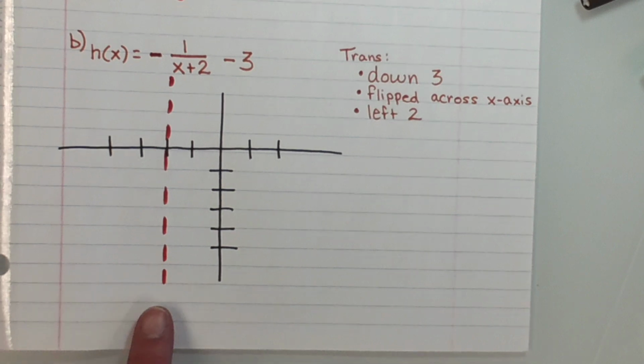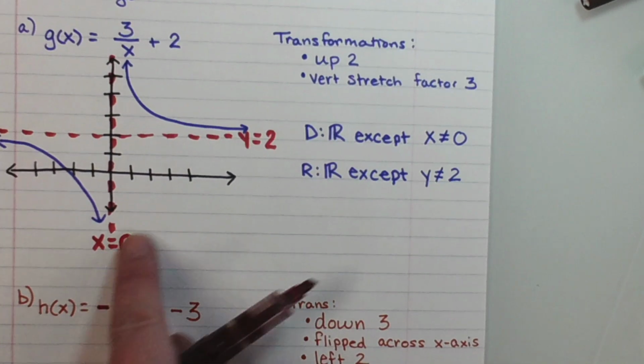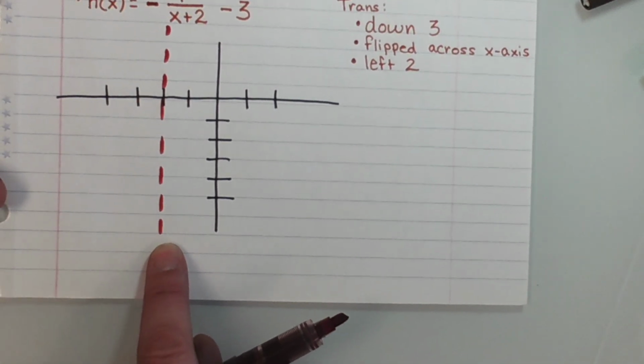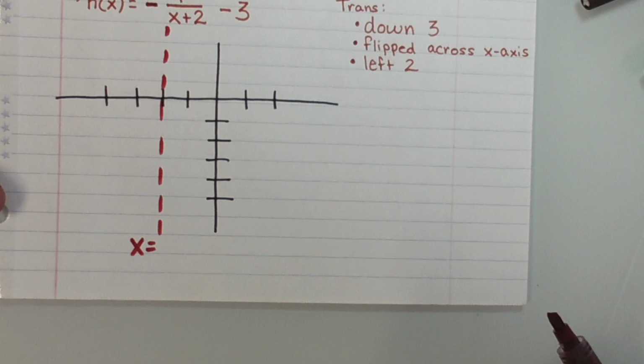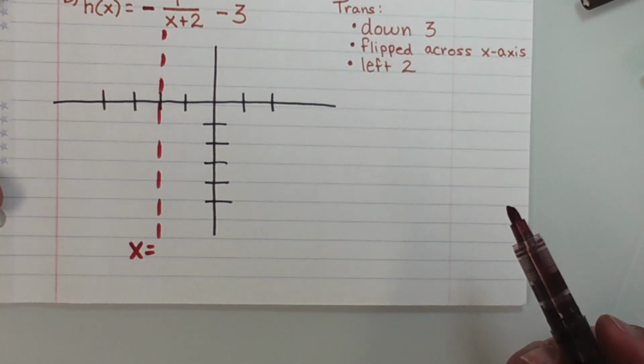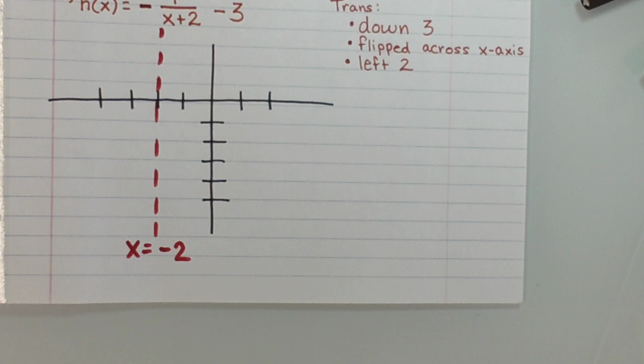Drew, what is the equation of this asymptote? These are equations. X equals is not located at 0. X equals -2. Be careful with the left and right. People tend to miss the positive and negative piece.